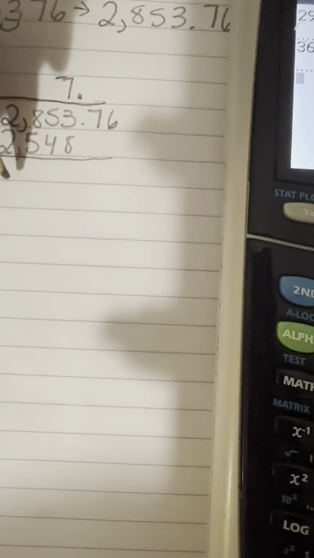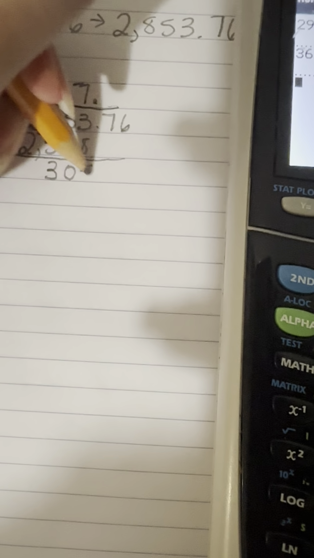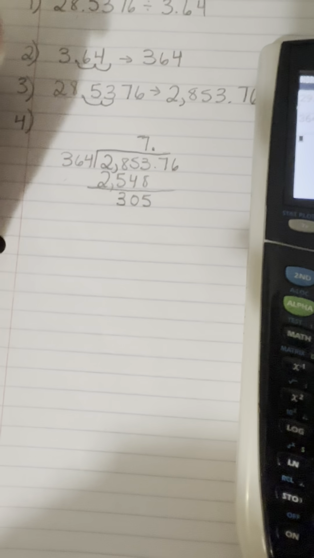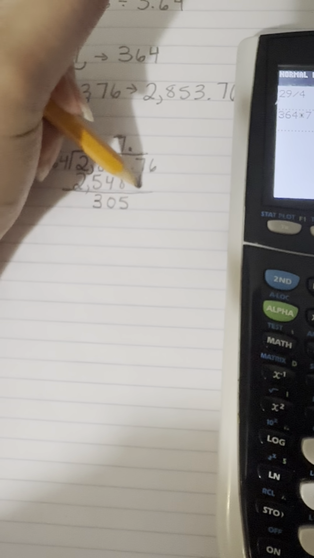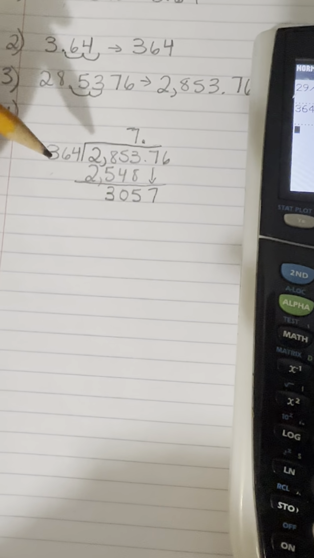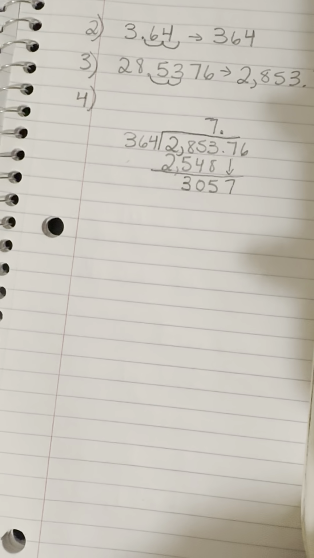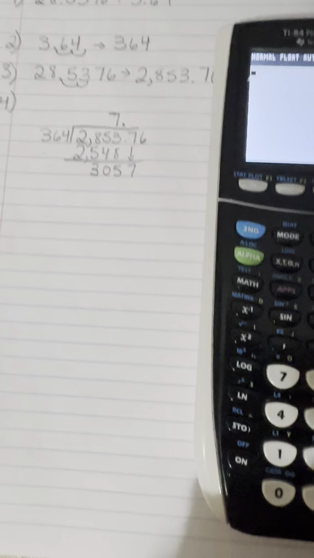And that is going to give us 305. And we're going to drag down this 7. So now we have 3,057. And we want to know how many times 364 goes into 3,057. So let's put it in our calculator.